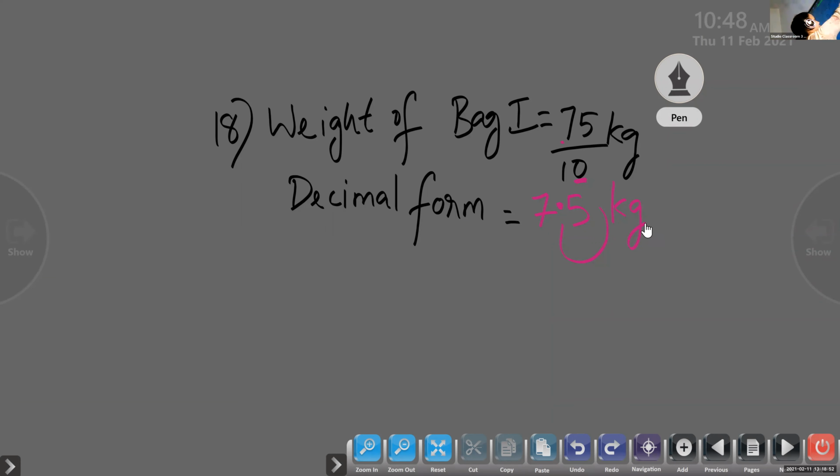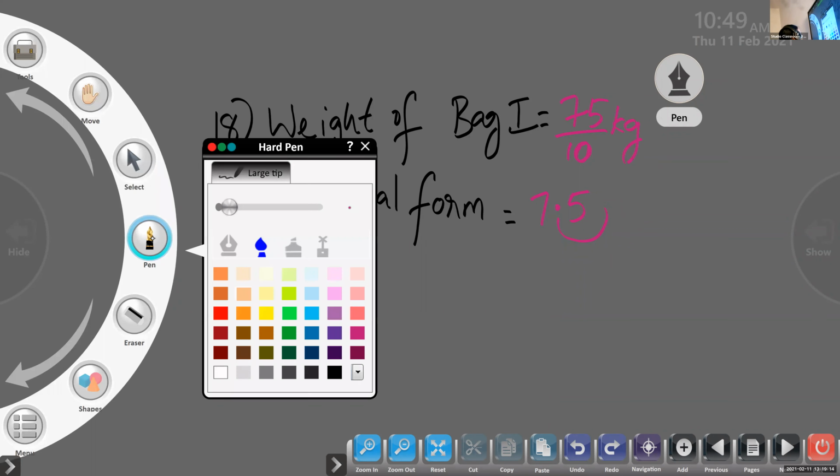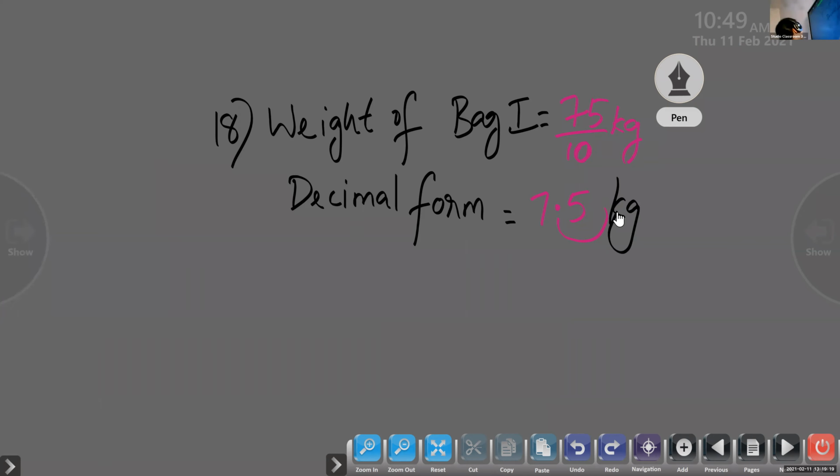The question is 75 by 10 kilogram. So what do we have to do? Write this numerator, then look at the number of zeros, move one digit from the right side, then put the decimal point. Kilogram. Okay, children, is that clear? Can you show me thumbs up?